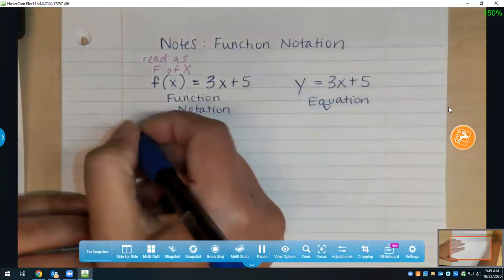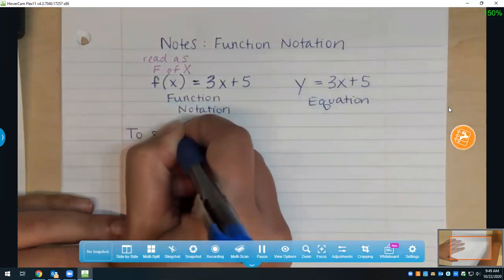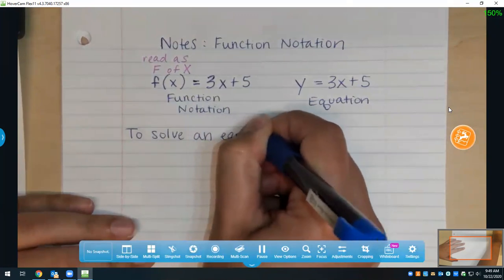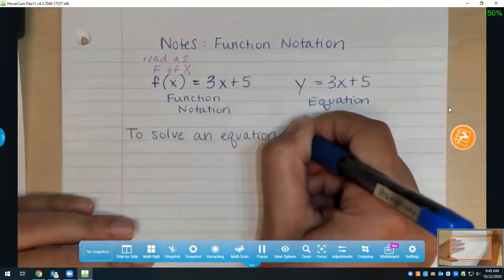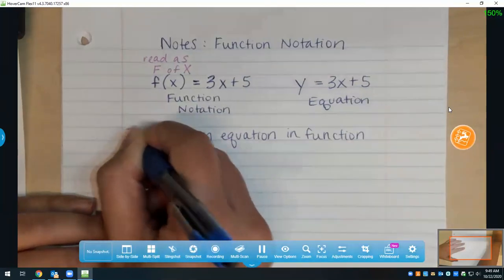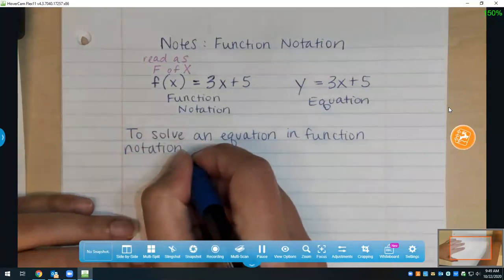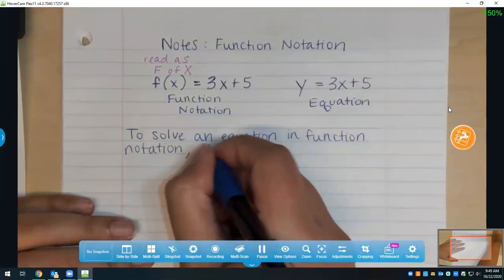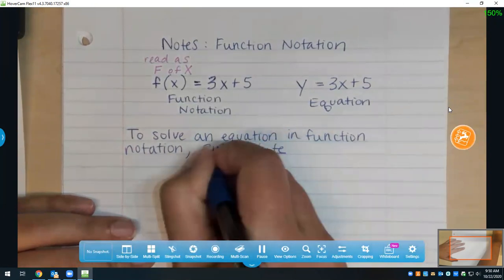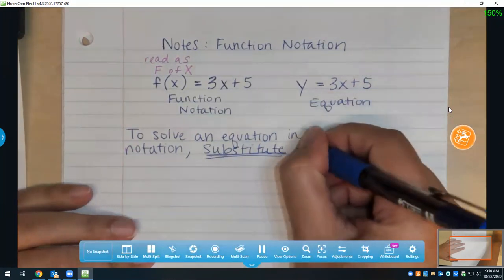So what we want to do today, our goal, to solve an equation in function notation, substitute, aka plug in, right?